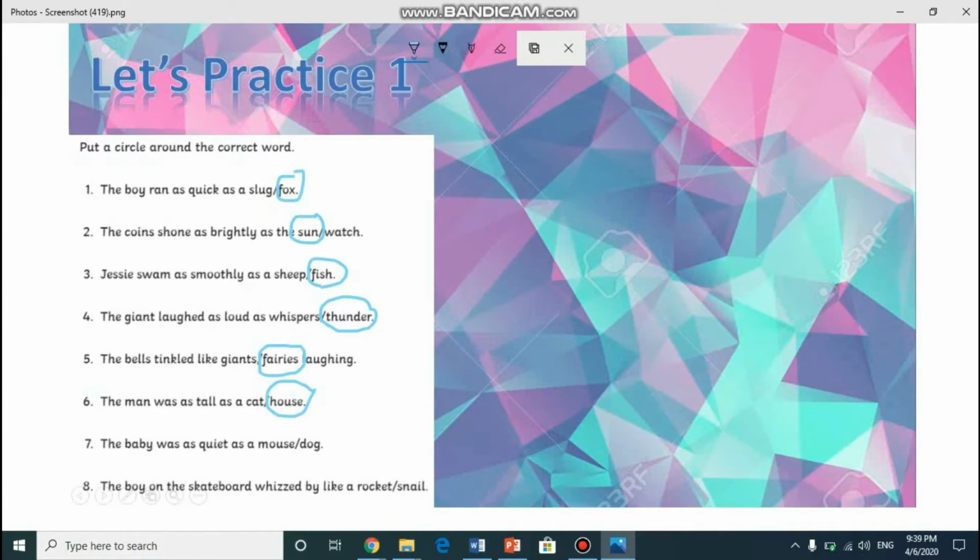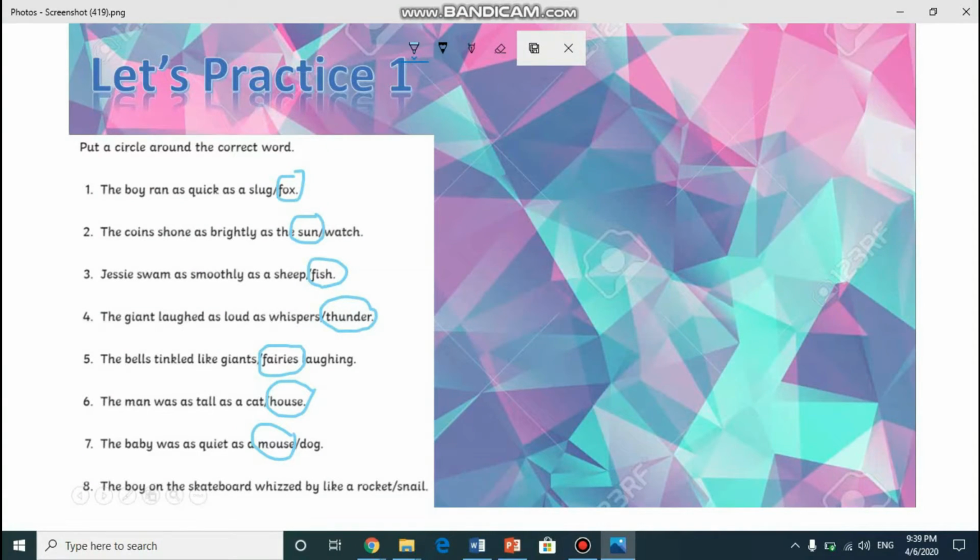So the baby was as quiet as a mouse or a dog. So what do you think? Lovely. So it's of course a mouse. And the sentence is the baby was as quiet as a mouse.